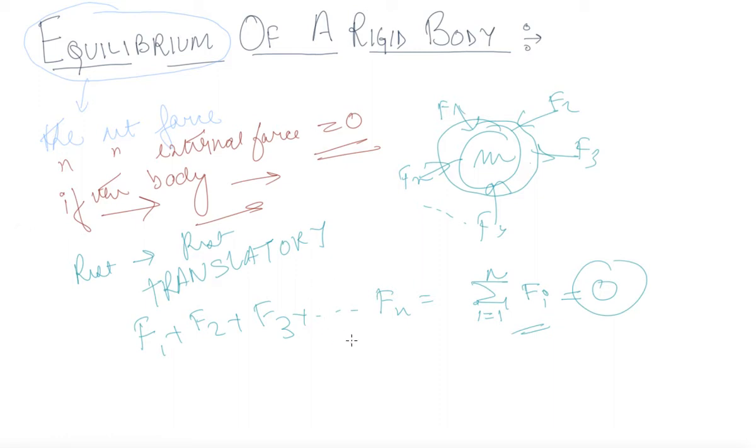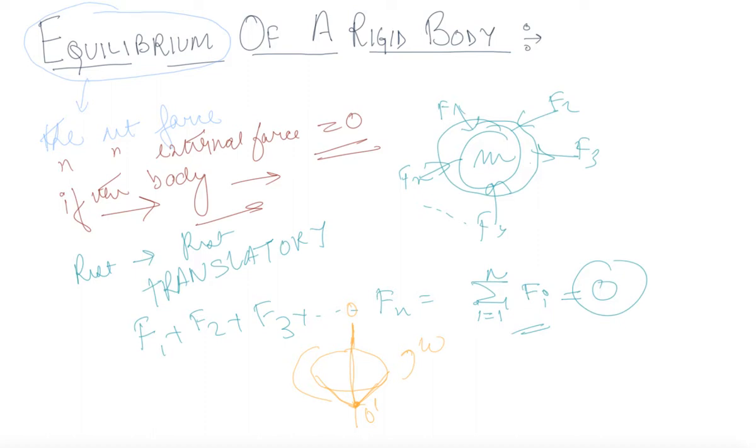Say suppose this is a plate with a cone-shaped edge below, and it's rotating with the angular velocity omega about a fixed axis, say O and O dash.